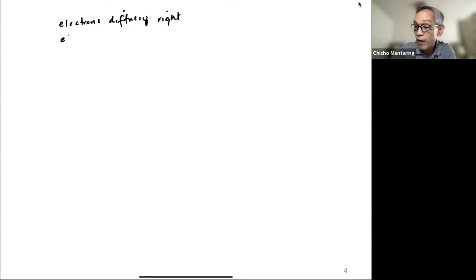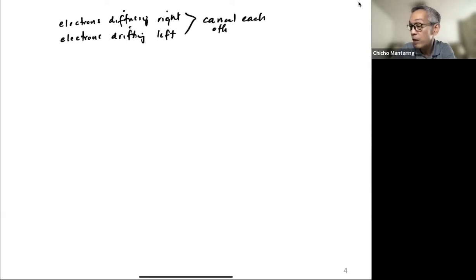On the other hand, you also have electrons drifting left. At some point, these will cancel each other out, so that your I total will be equal to 0.